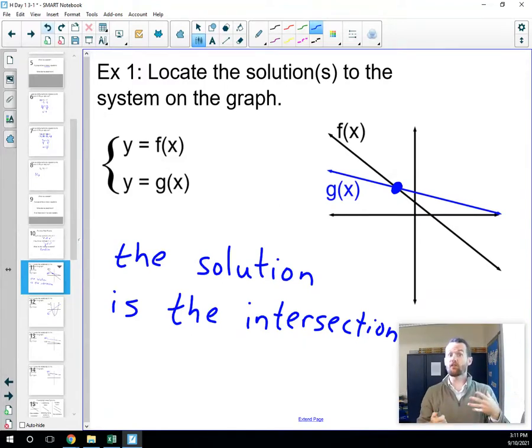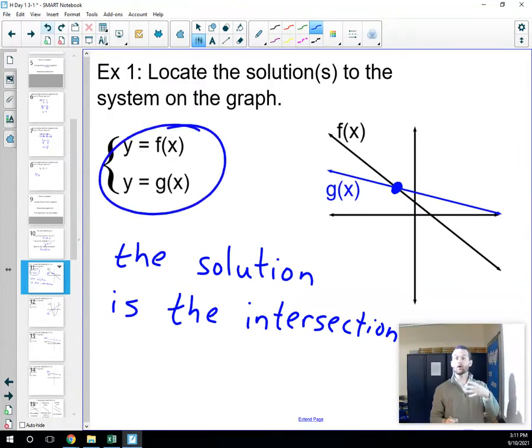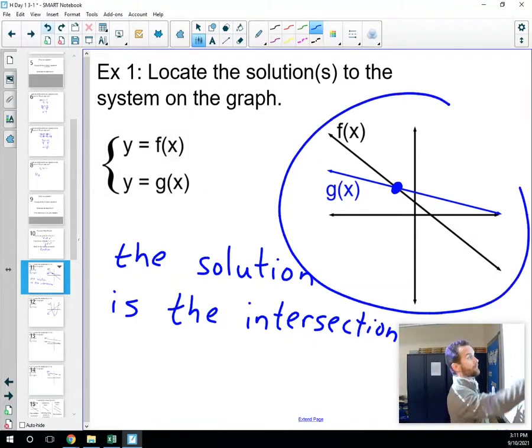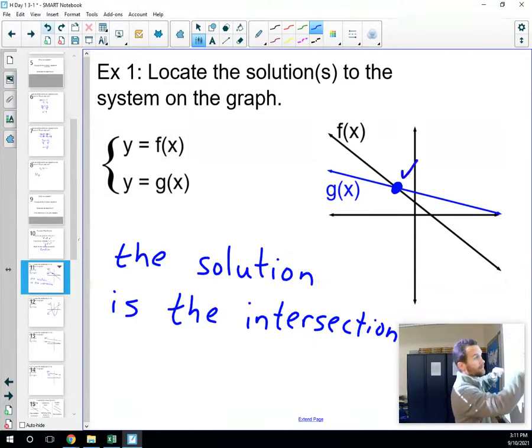That point is in both functions, which means it's a solution to both equations, which means it's a solution to the entire system. Because a solution to a system has to work for every single equation that's in that system. And this is the only point on this graph that is on f of x and g of x. So that means it's the solution. So there was one solution here.